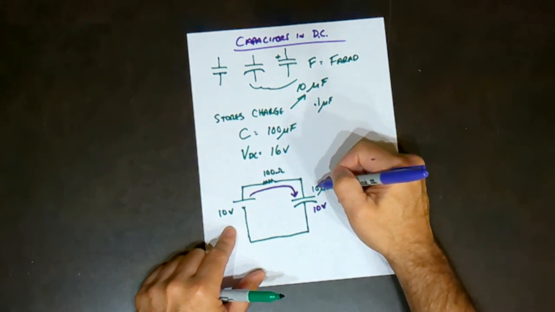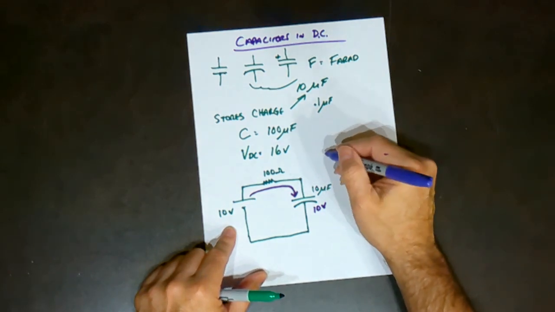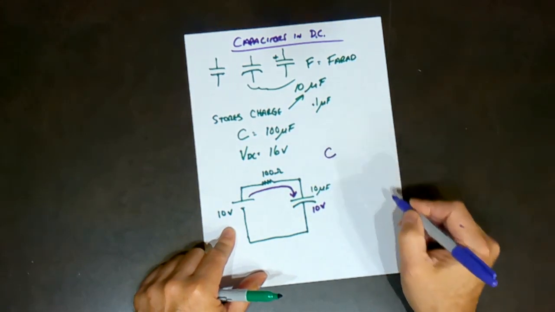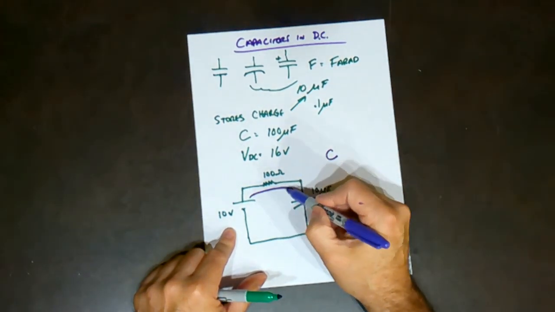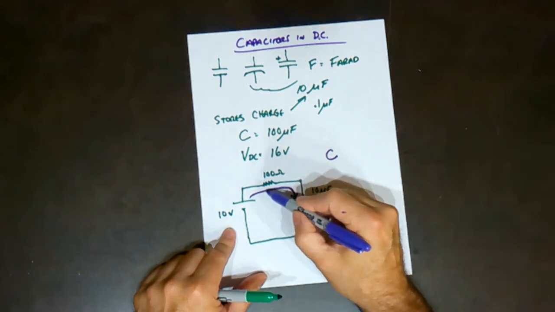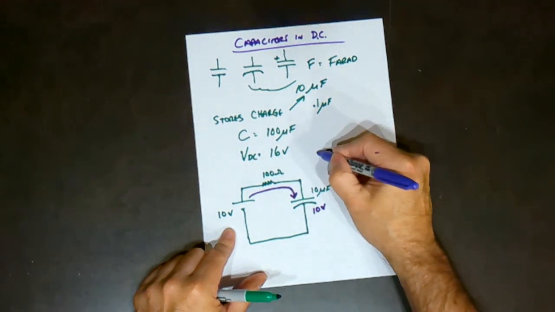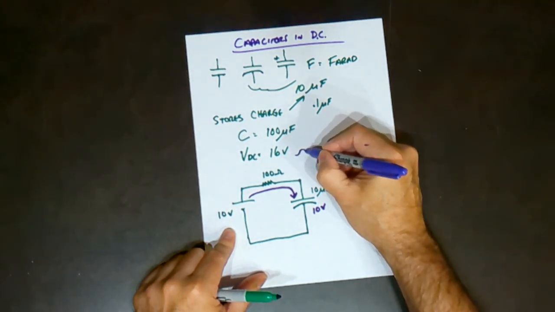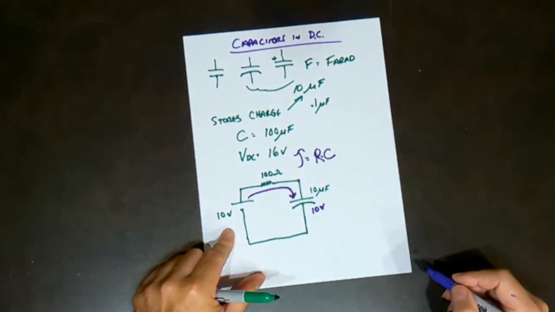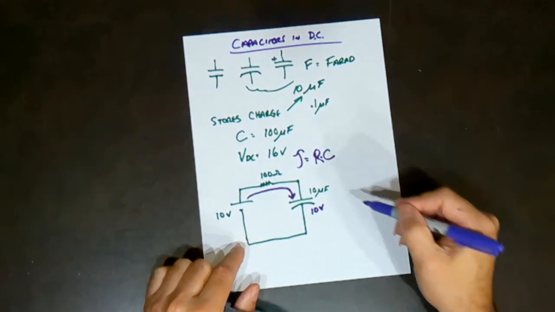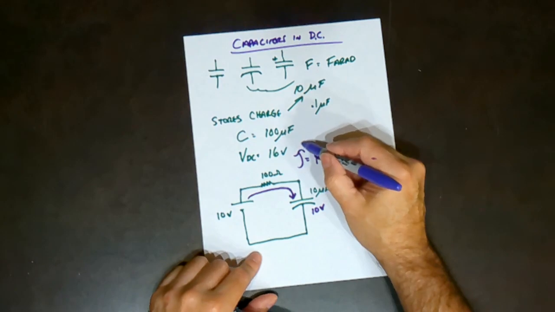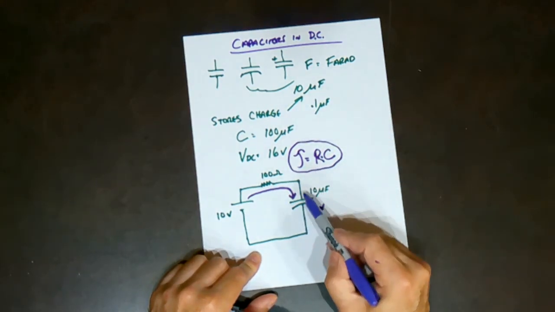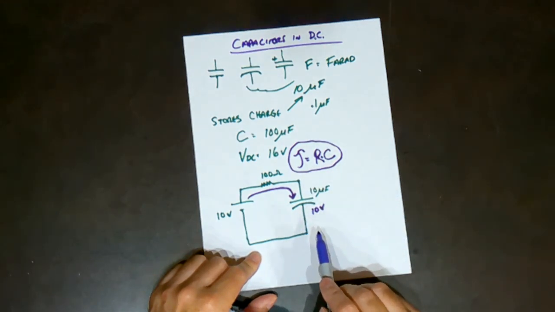How much time it takes to charge a capacitor is based on two things. One is the size of the capacitor, which is C, and the other is the amount of current allowed to flow, and that current is controlled by R. R times C is what's known as the time constant, tau. So a time constant is a factor of the resistance in the circuit and the capacitance in the circuit.